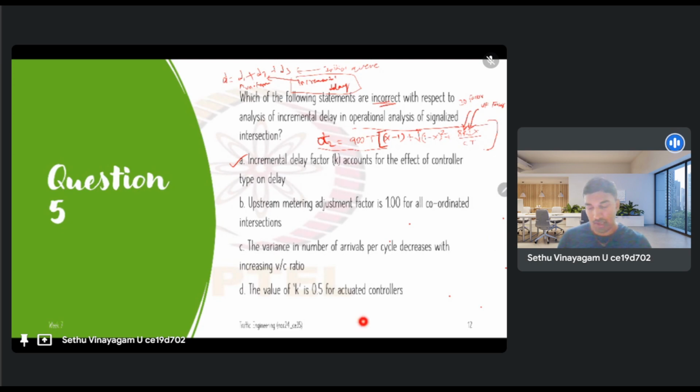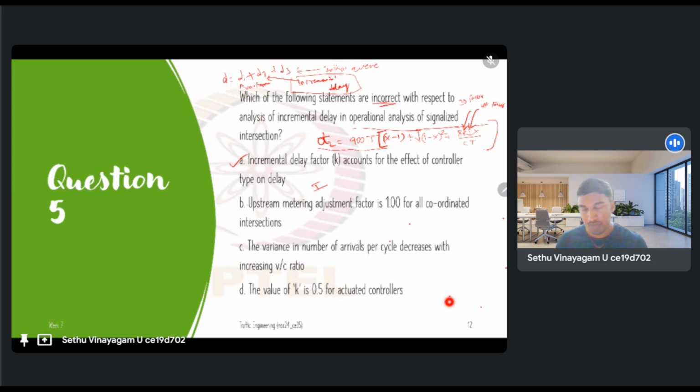B is upstream metering adjustment factor is 1 for all coordinated intersections. So the upstream metering factor is the I factor, right? So it captures the effect of the signals that are present upstream to the signal that we are analyzing, right? So depending on how the signal upstream operates, the queue might be affected in the downstream signal that we are analyzing, right?